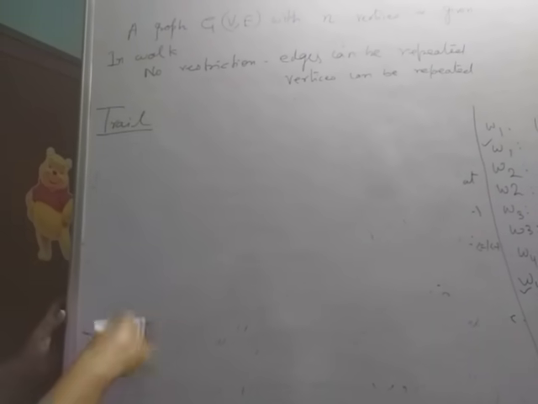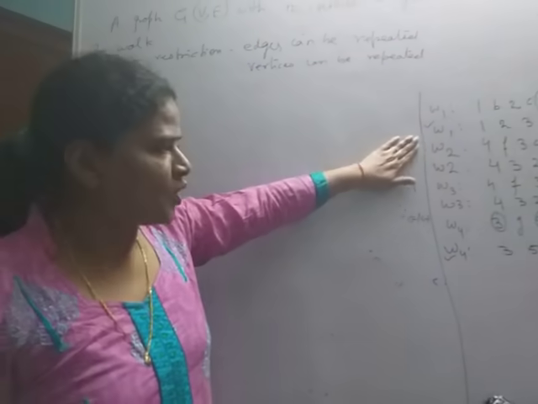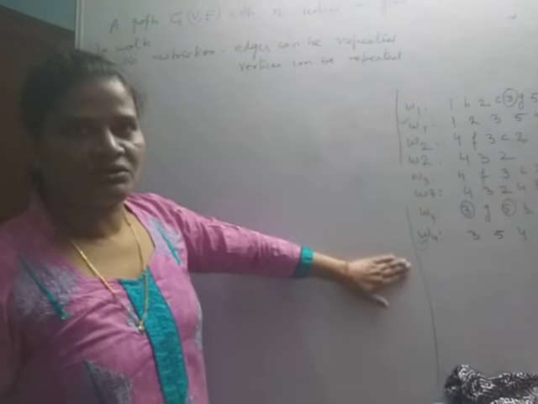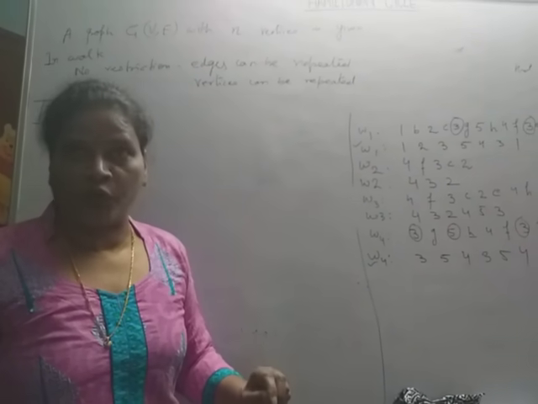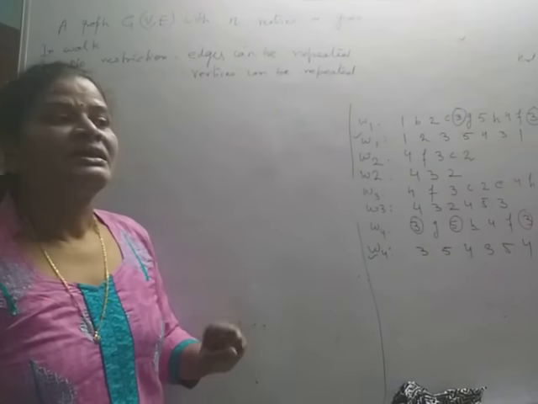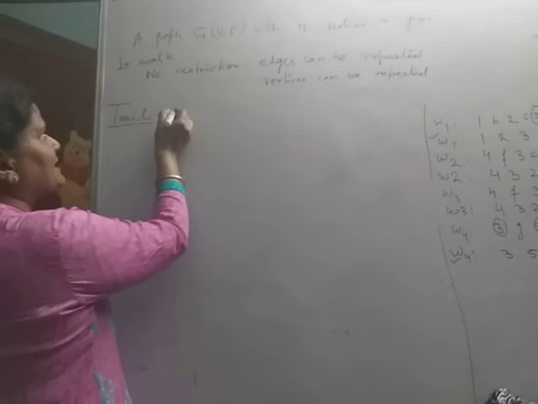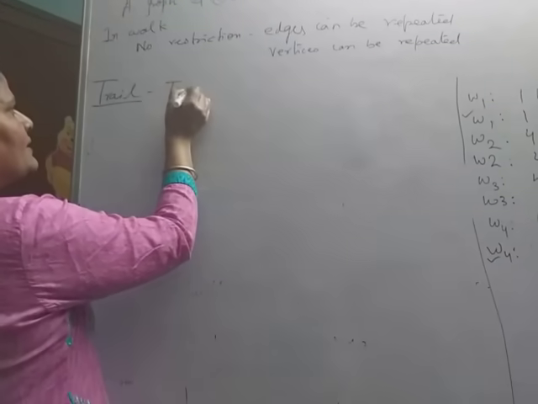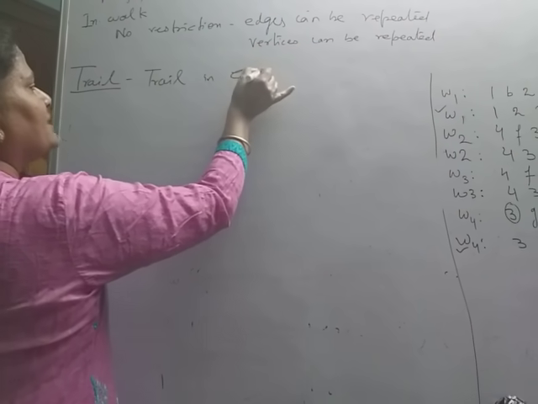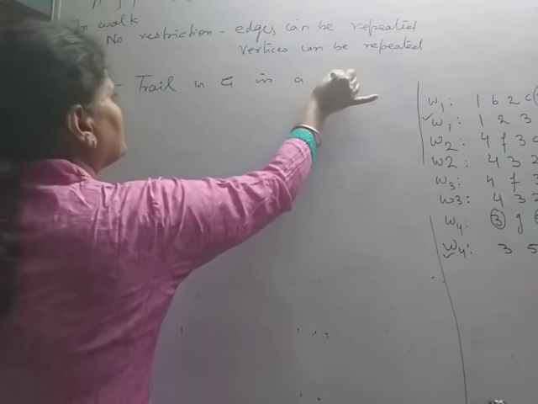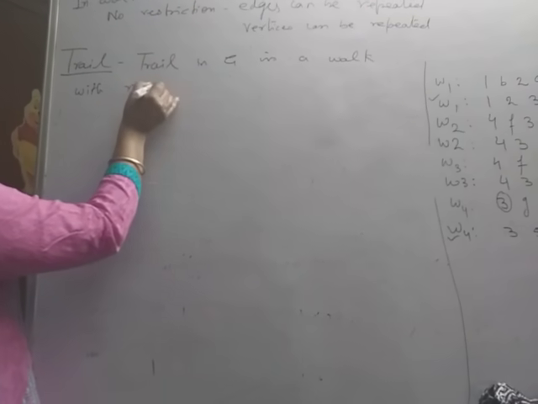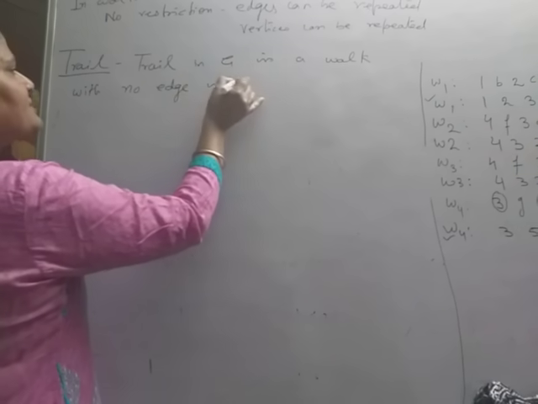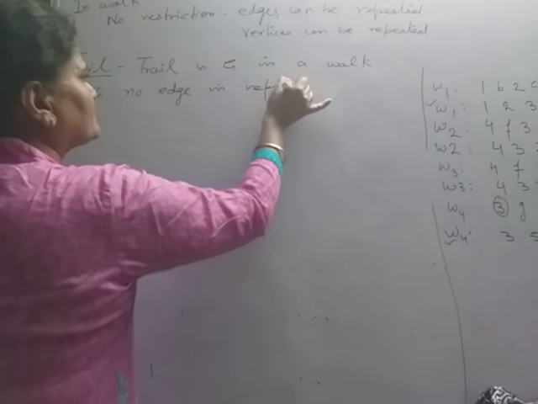Now come to another definition, that is trail. So previously we saw walk and closed walk. Now we consider the trail. Trail is a walk, but with some restriction. What is trail? Trail in G is a walk with no edge repeated.